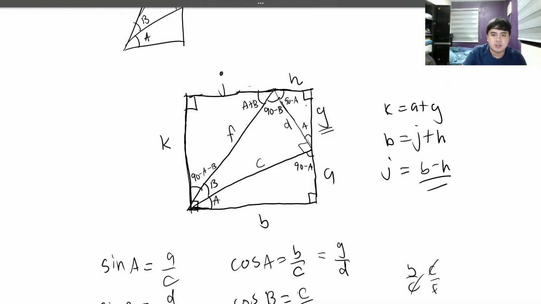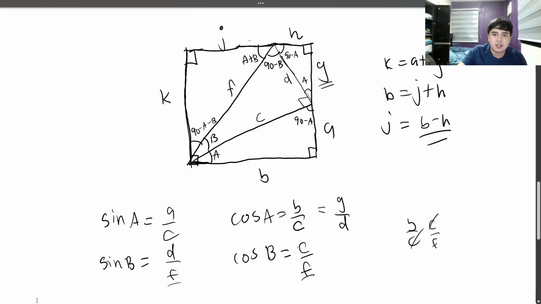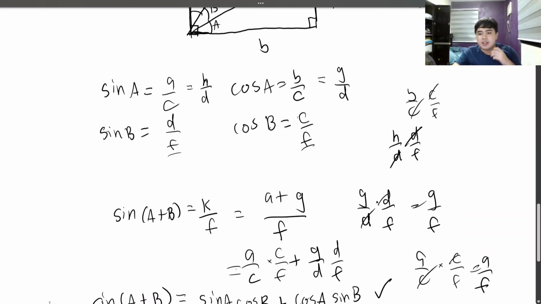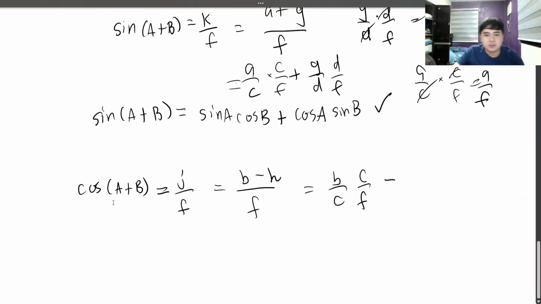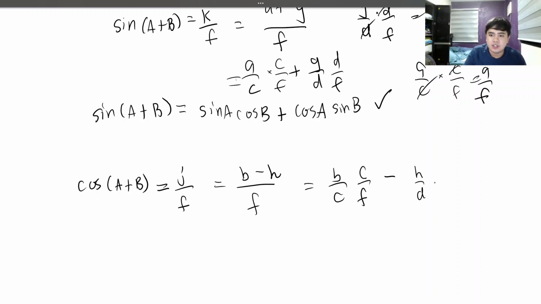This is H. So sine A is H over D. Aha. So if this is H over D and D over F, we can cancel the D's and we get H over F. So H over F is H over D, D over F.